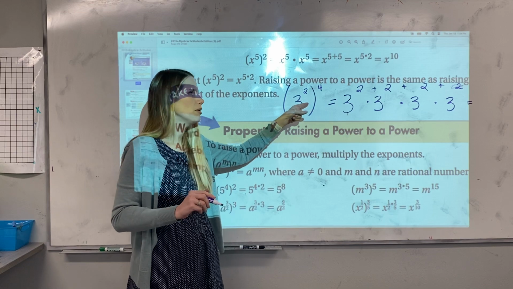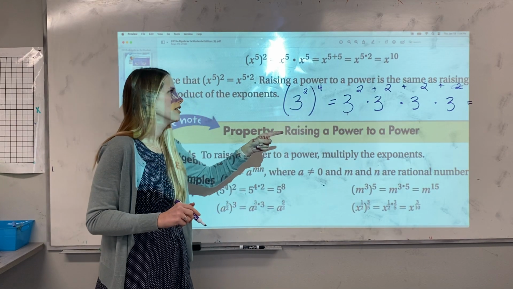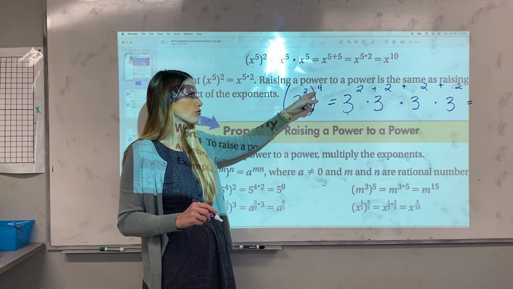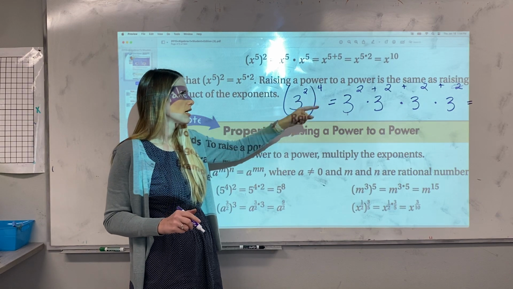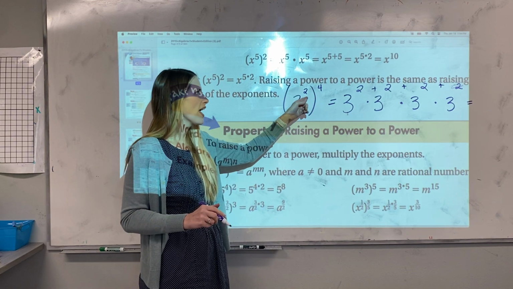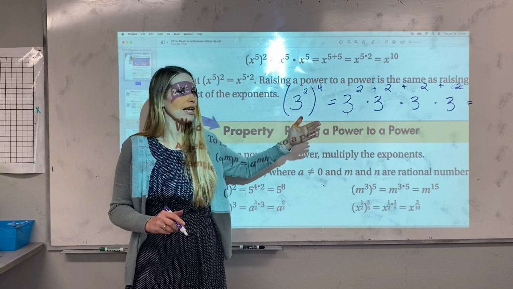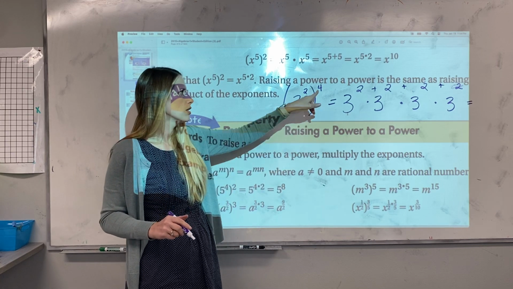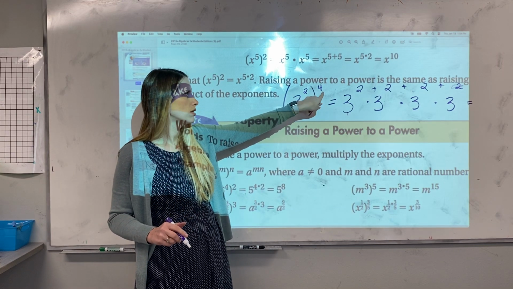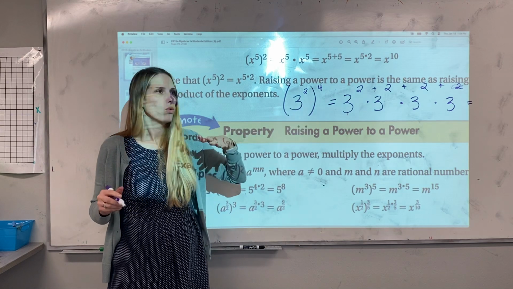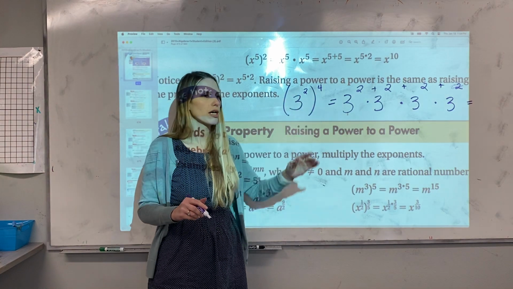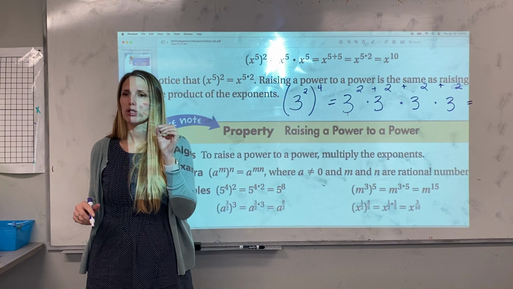It's not really a verb, but I made it that way. But you could also say a power being raised to a power. It's just there 4 times total, so you just do 2 times 4. When you have a power to a power, your exponents are multiplied.